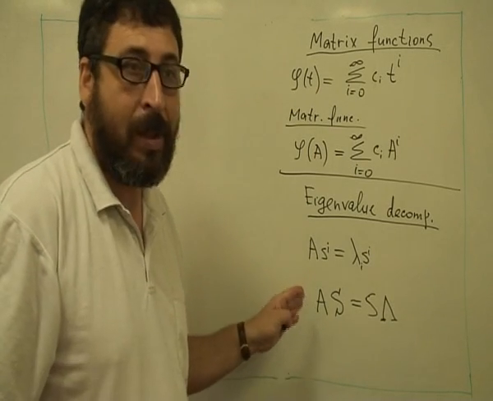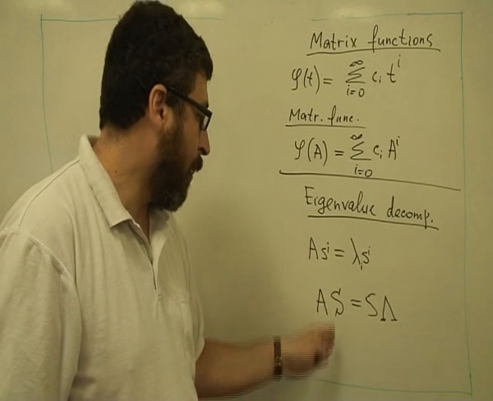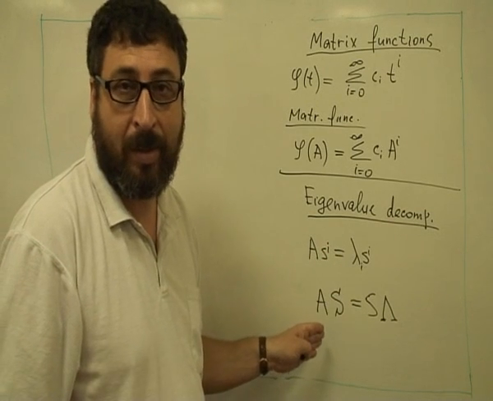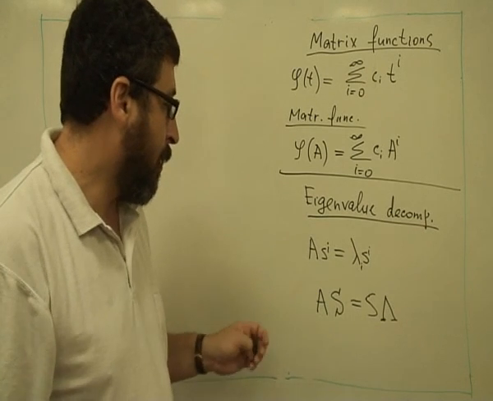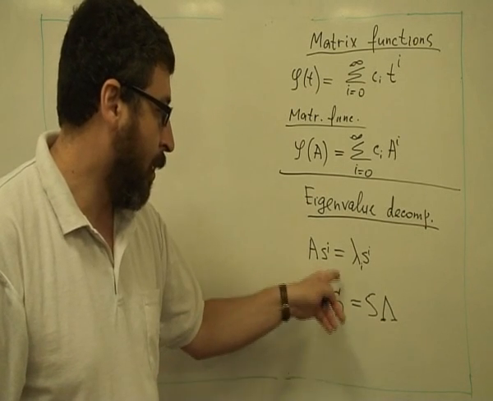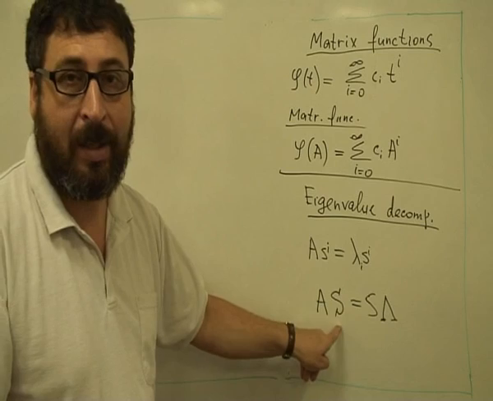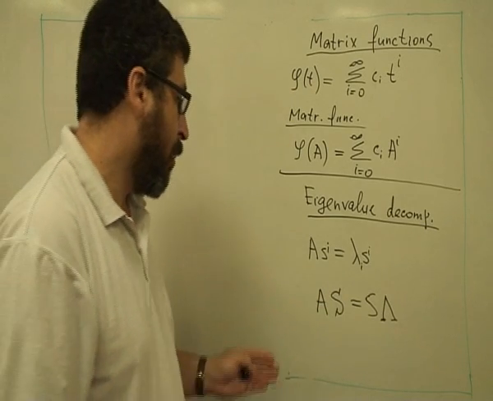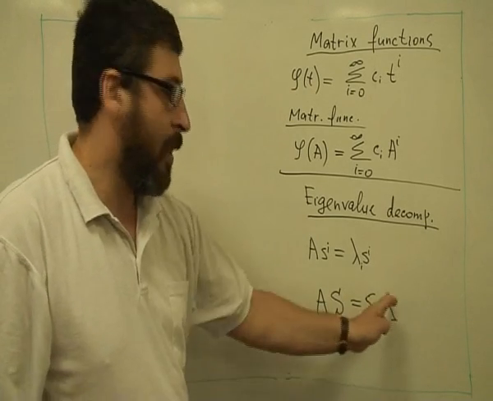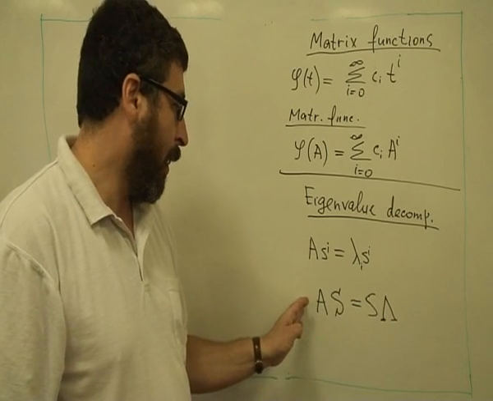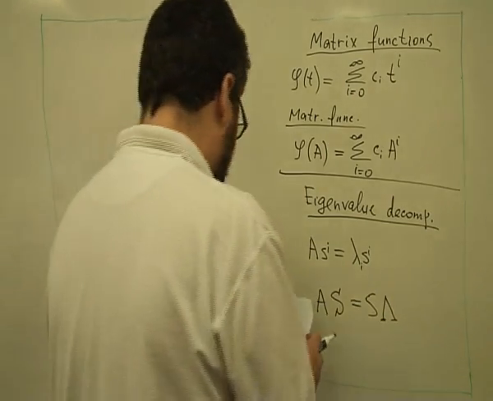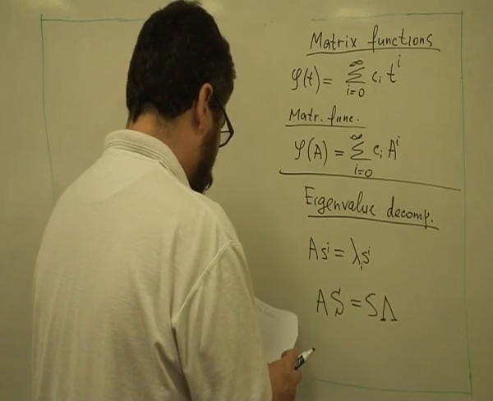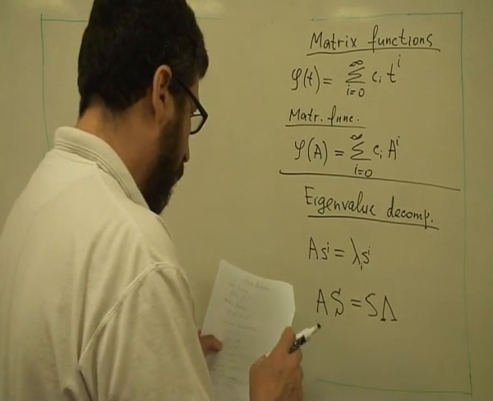And we will suppose that we have m linearly independent eigenvectors. This means that the square matrix S is invertible. So let me multiply this equality by S inverse from the right.